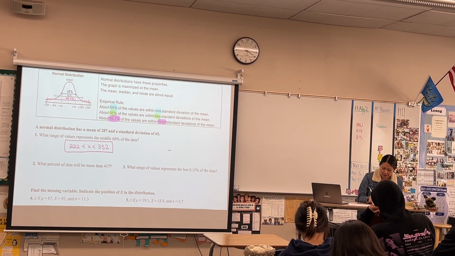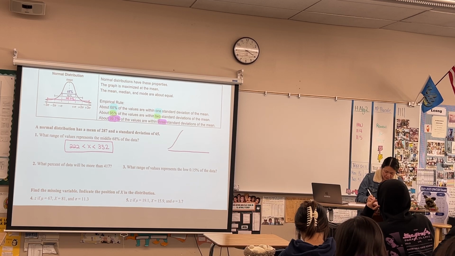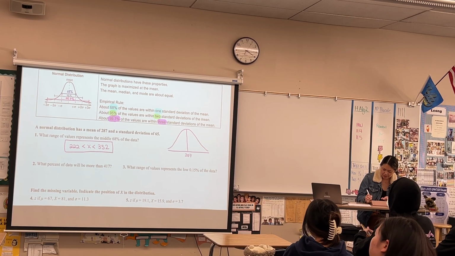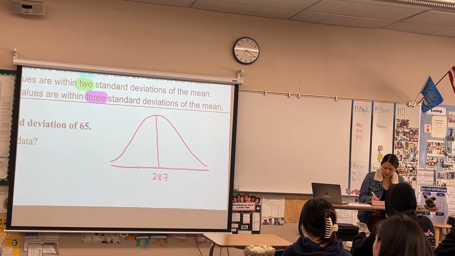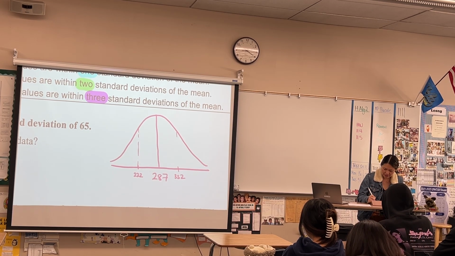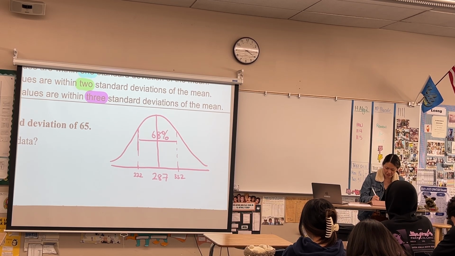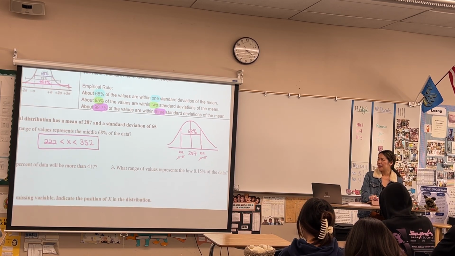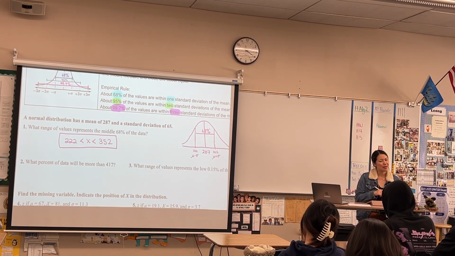So visually, I'm imagining doing this: 1 standard deviation down, 1 standard deviation up. And I know that that is going to be my 68%. Questions on that so far?